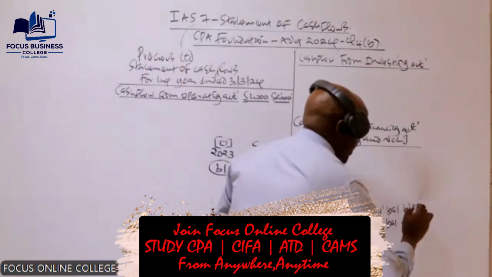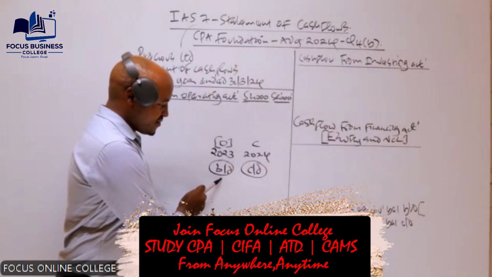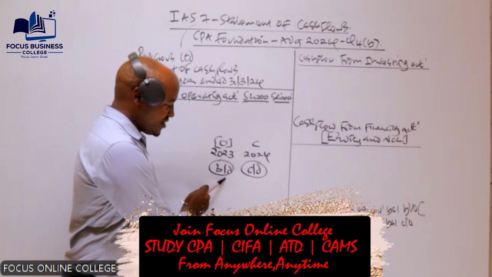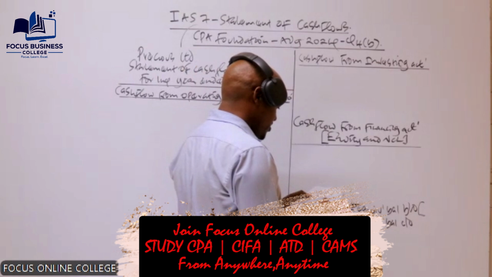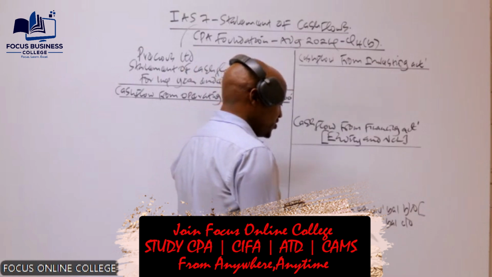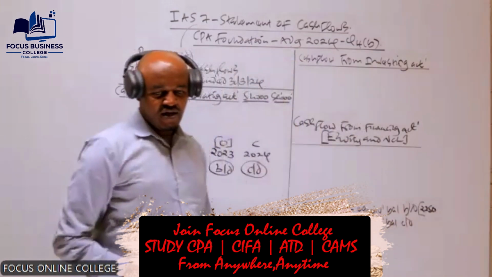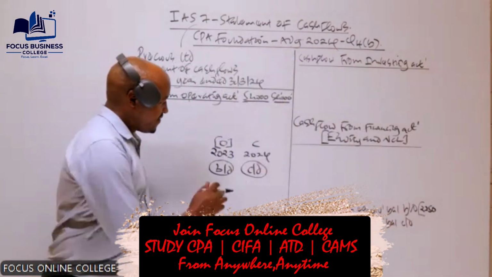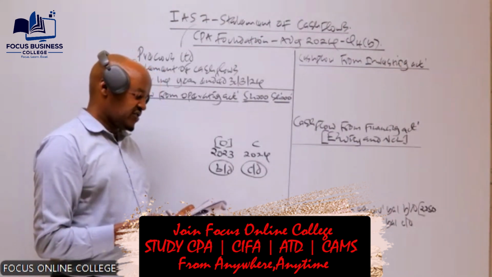So what we do, we take the cash at the start from the statement of financial position for 2023, and I hope you can see that is a figure of 2250. And then from there we go to where we have the current liabilities. We check, do we have a bank overdraft?